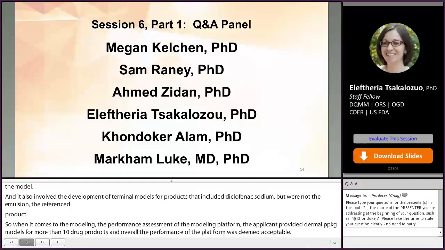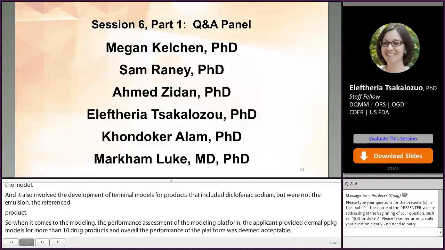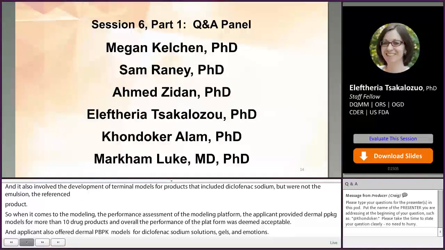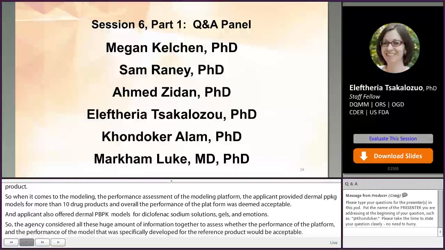So the agency considered all this huge amount of information together to assess whether the performance of the platform and the performance of the model that was specifically developed for the reference product would be acceptable. And our overall assessment was that the model was acceptable and suitably validated and verified for regulatory decision making.